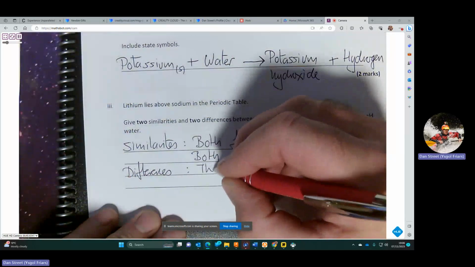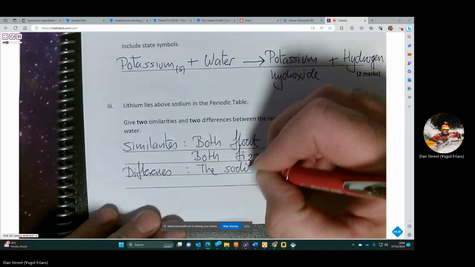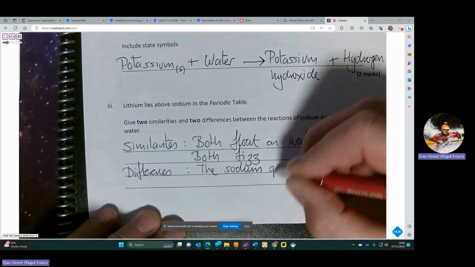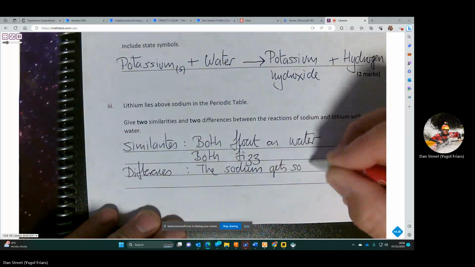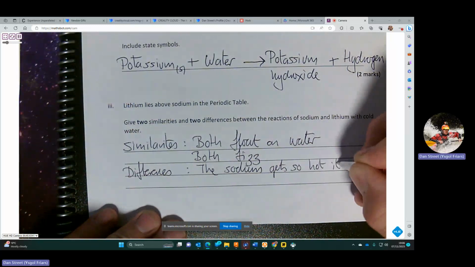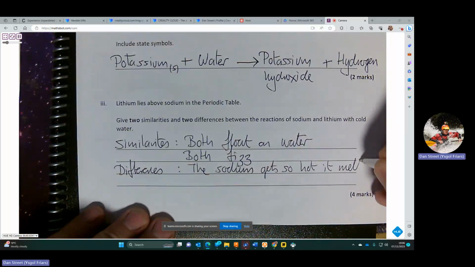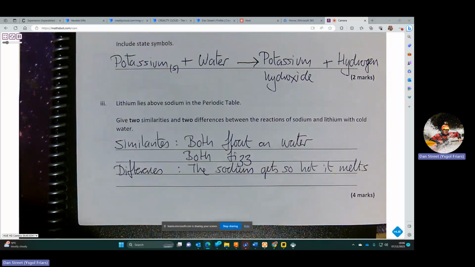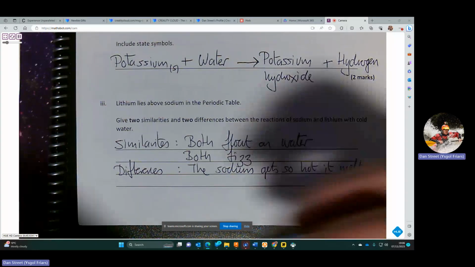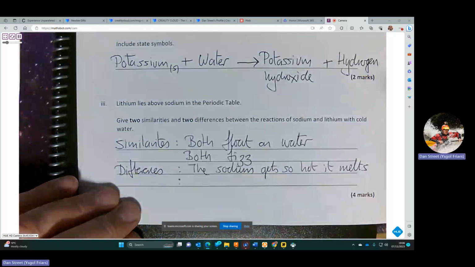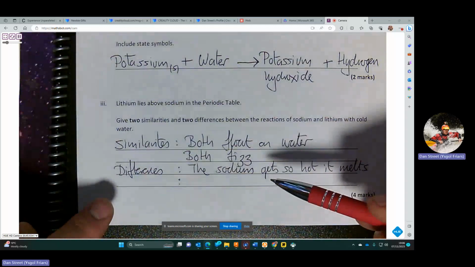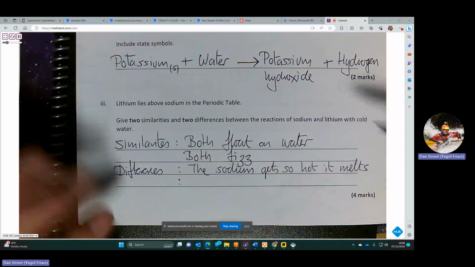The sodium gets so hot it melts, and we see that as it melting into a sphere. Okay, and then we could comment on the difference in reactivity.